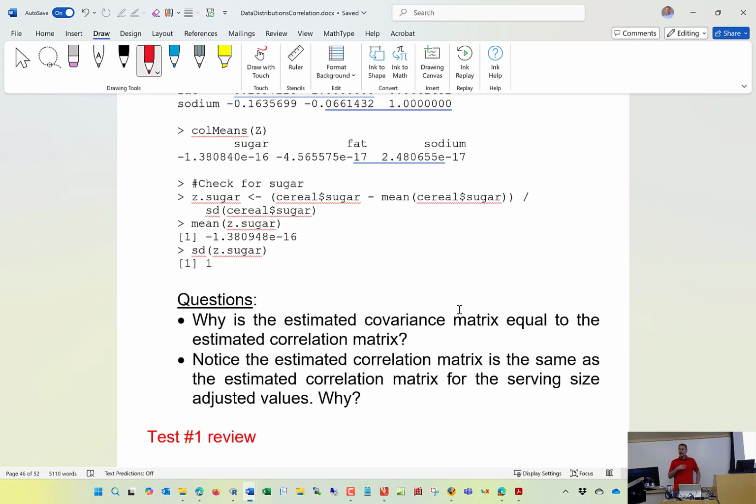So because of that, you're not required to be able to, let's say, prove it here, because a mathematical statistics course is not a prerequisite for this course. But you are required to understand that this result happens. This will actually play a very important role for us in the principal component analysis section. So for those of you who've had a mathematical statistics course, why do you think this occurs?